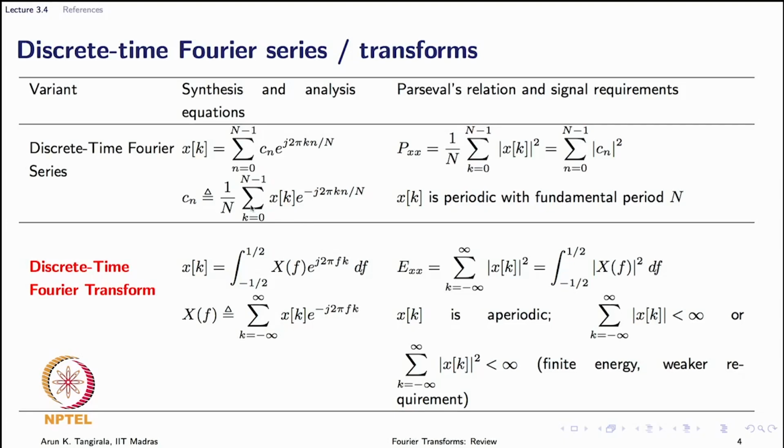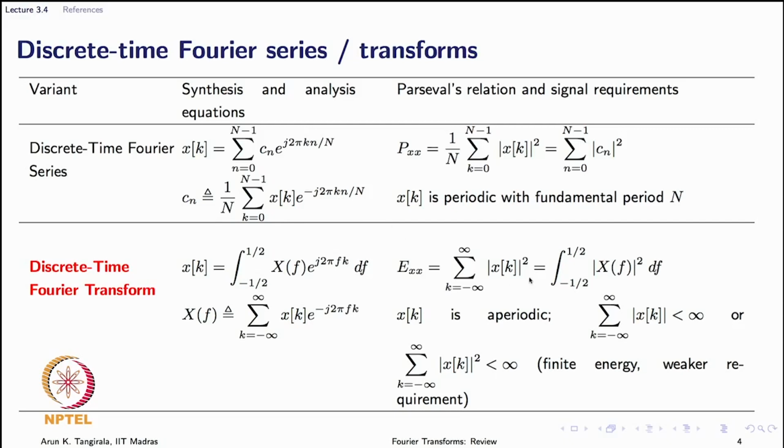And as far as the analysis equation is concerned, in place of the Fourier coefficients, we now have the discrete time Fourier transform, exactly like what we had in the continuous time case. And once again, the summation now runs from k equals minus infinity to infinity, which means we are looking at the entire existence of the signal, in contrast to the periodic interval that we considered for the discrete time Fourier series case.